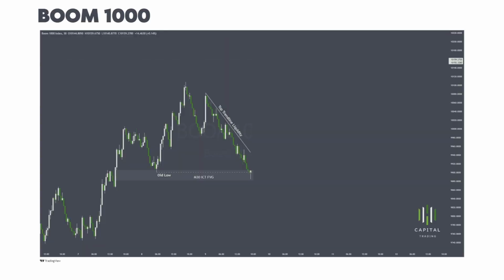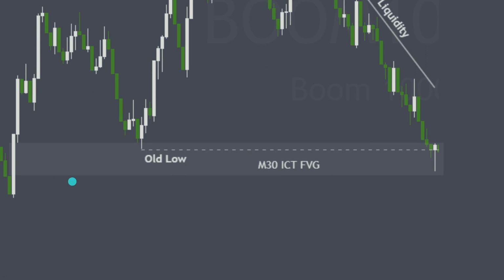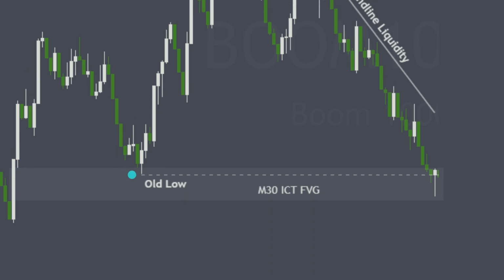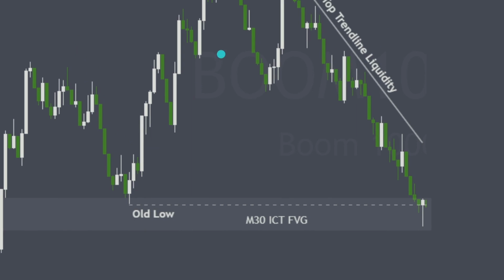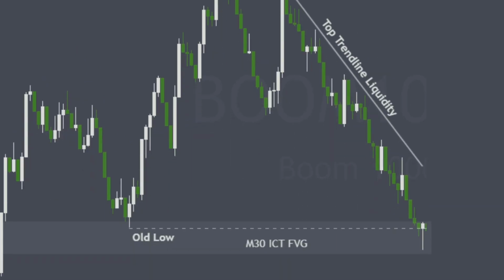Our first Boom 1000 chart. So on Boom 1000, we had price spiking to the upside and then coming back down. But when they were spiking to the upside, they made this fair value gap, right? So we did utilize the top of this fair value gap to go to the upside, but we don't care about that for now, right?